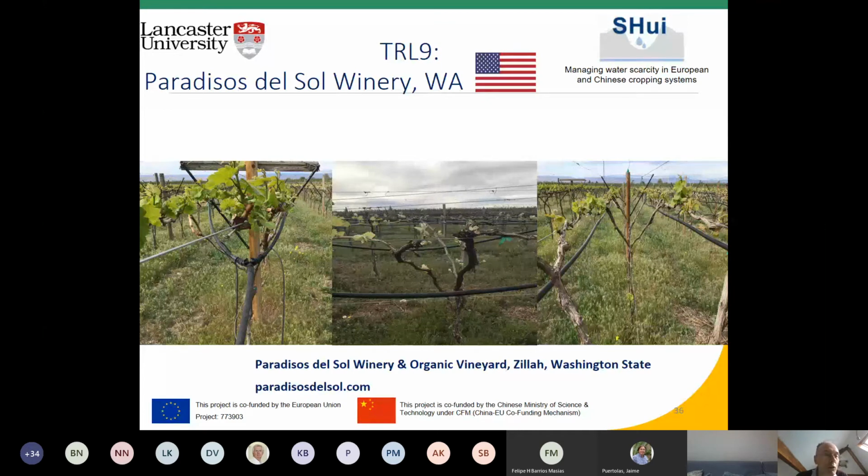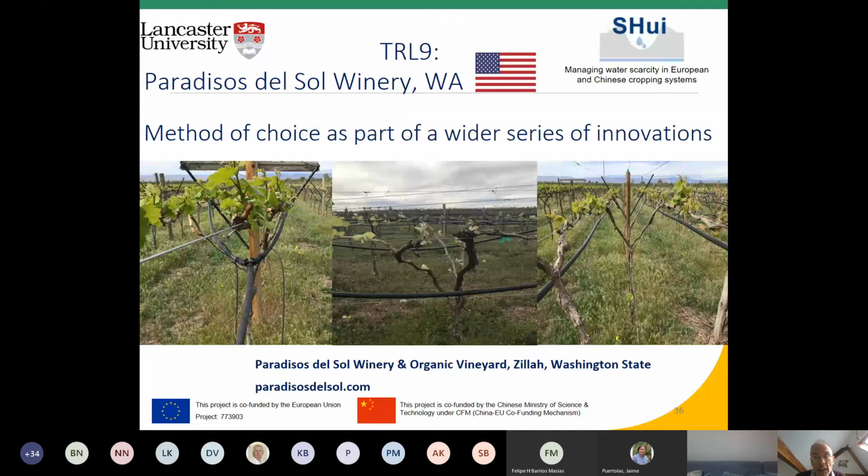general benefit of partial root zone drying or whether there's synergies with some of the other techniques that he has applied. Certainly, he's very much an enthusiast about the technique, and as far as he's concerned, in terms of the partial root zone drying, it paid for itself within the first year as a result of much better mildew control compared to his neighbours that were applying conventional irrigation techniques.